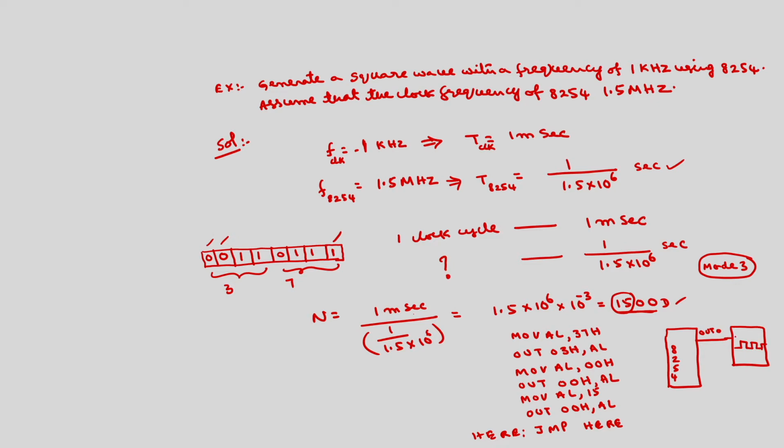This you have to connect to the positive terminal, and the negative terminal has to be connected to the ground signal of the 8254. This is how you can generate a square wave with accurate time delays and accurate frequencies. This is about mode 3.